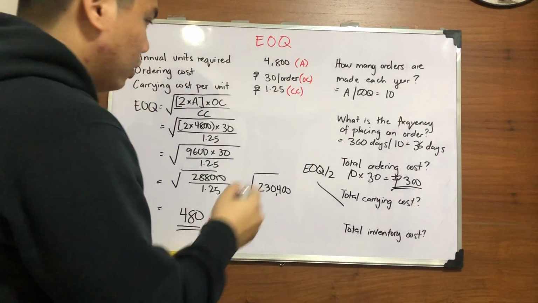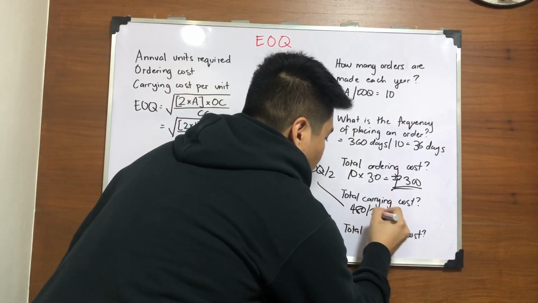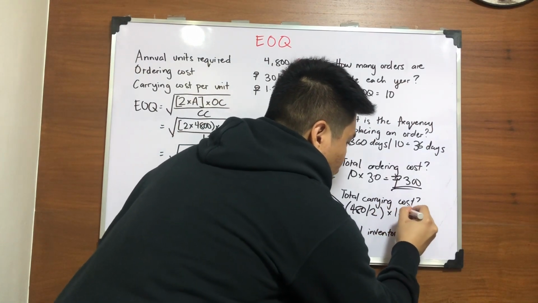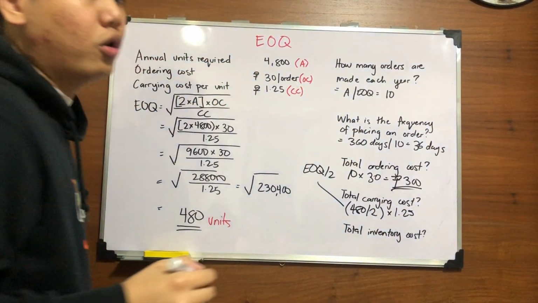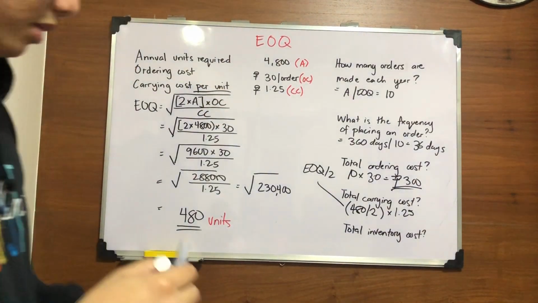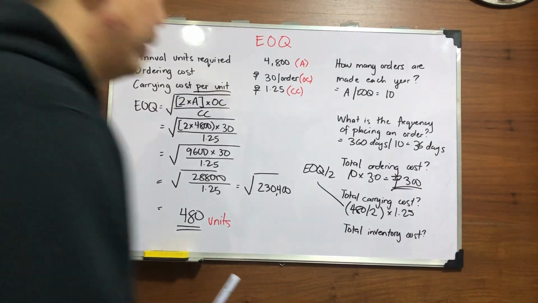Okay, so let's just replace it. 480 divided by 2, times 1.25, your carrying cost per unit. Again, per unit. So the answer would be 240 times 1.25, you will get 300 pesos as well.